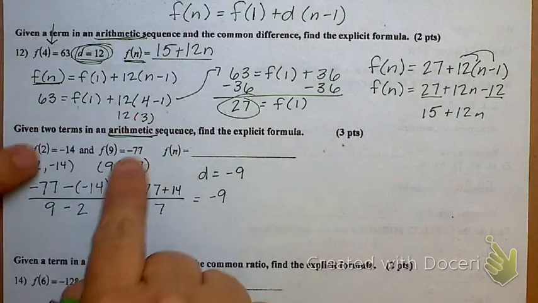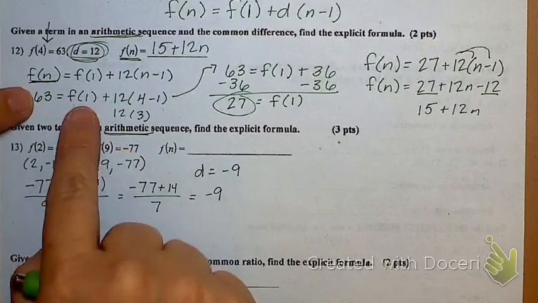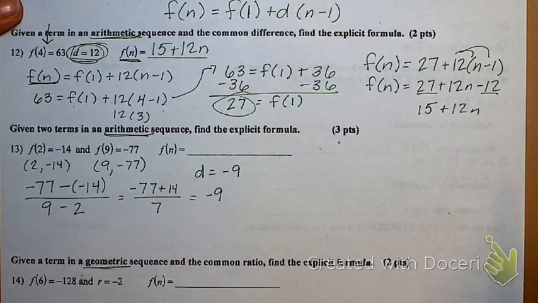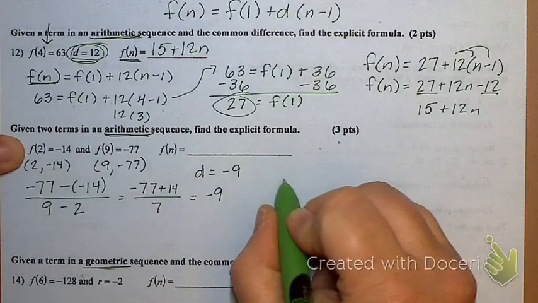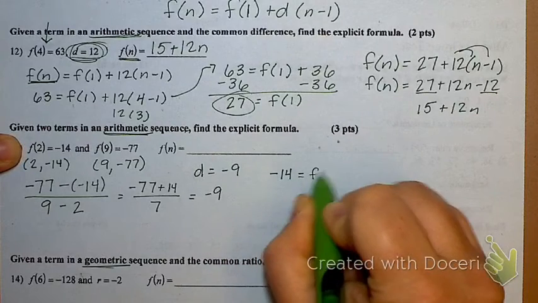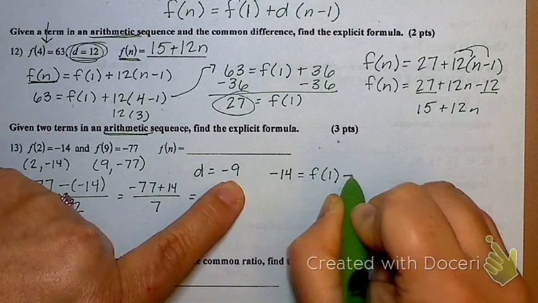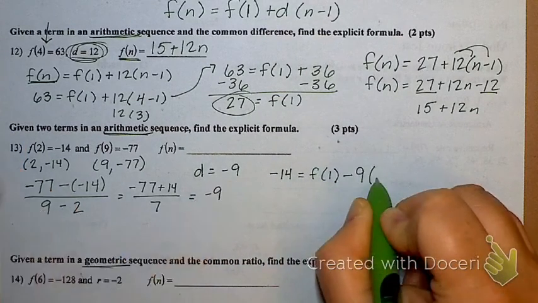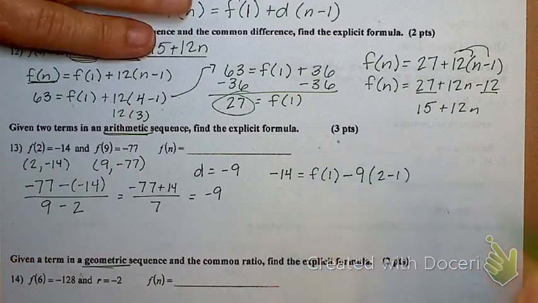I pick one of these two things to plug in. Usually it's easiest if you plug in the one that has smaller numbers. Which one has smaller numbers? F of 2, right? So negative 14 is equal to f of 1 minus 9 times 2 minus 1.